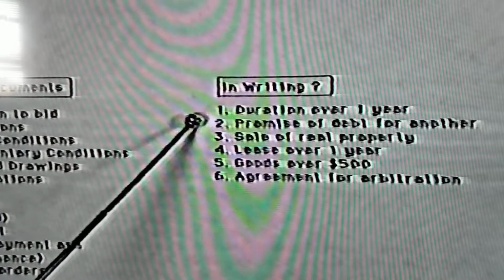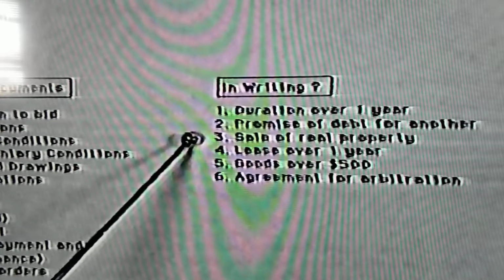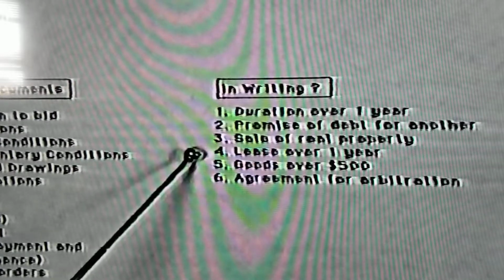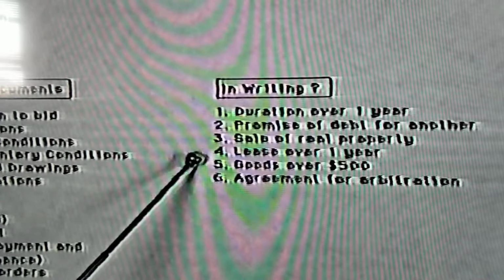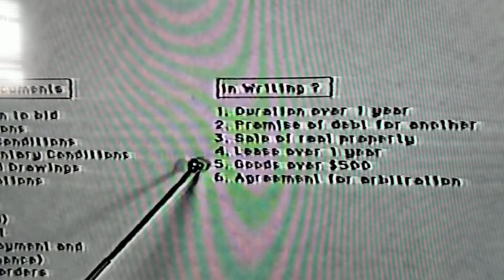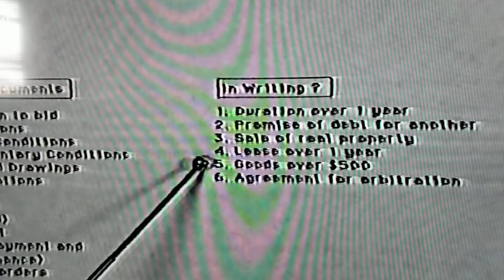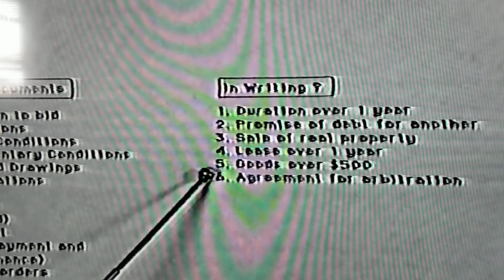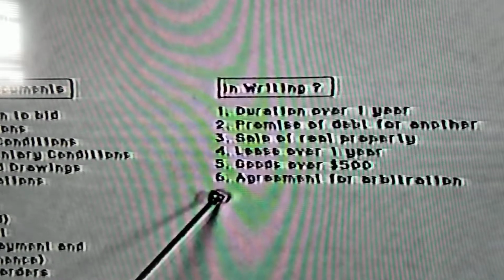But amongst those items that must be in writing: any contract that has a duration for over 1 year, any contract which promises to take care of a debt for another, the sale of real property, a lease that is expected to take over a year or something with a term over 1 year, goods that are sold with a value in excess of $500, and an agreement for arbitration to occur.